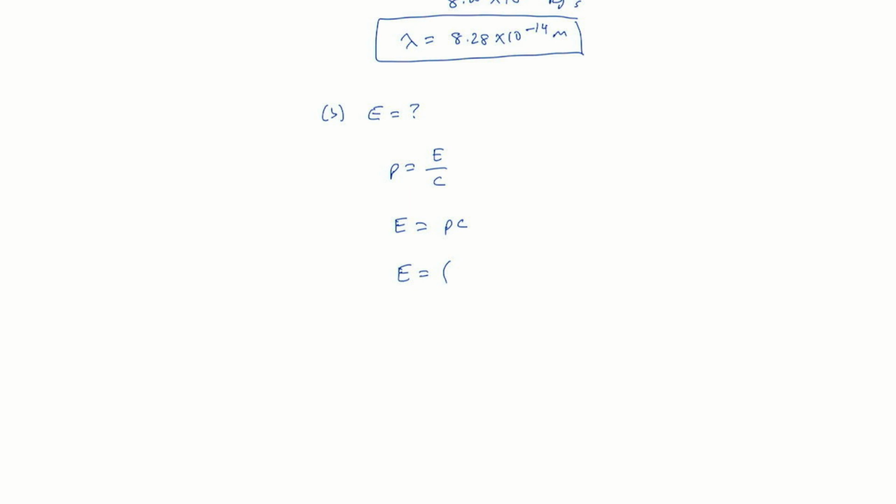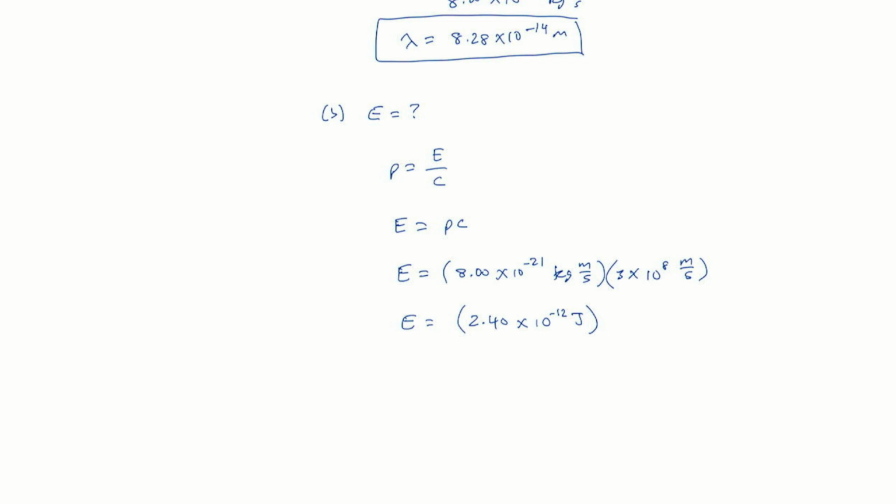We were given the momentum of 8.00 times 10 to the minus 21 kilogram meters per second times the speed of light, 3 times 10 to the 8 meters per second. This gives us an energy of 2.40 times 10 to the minus 12. That will be in joules.